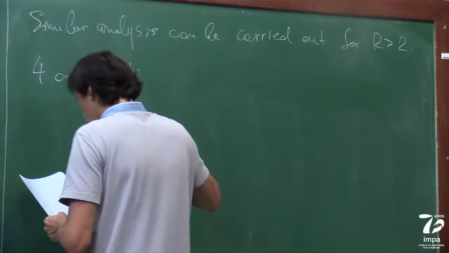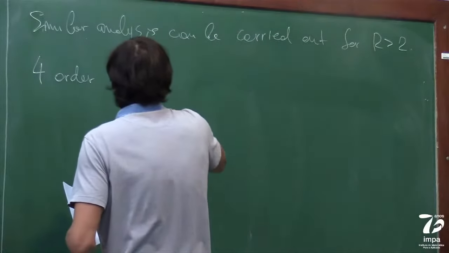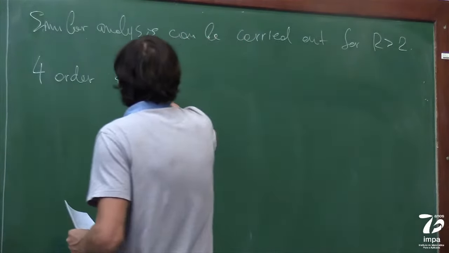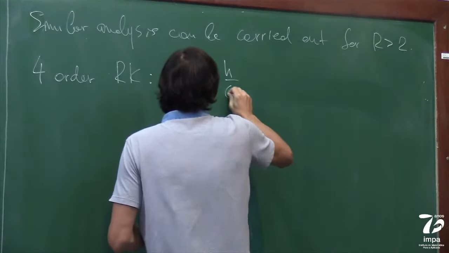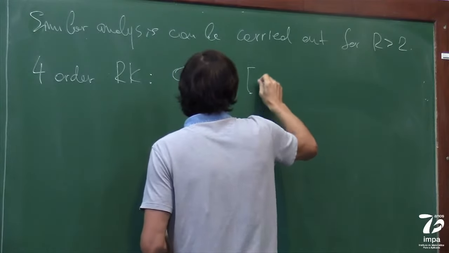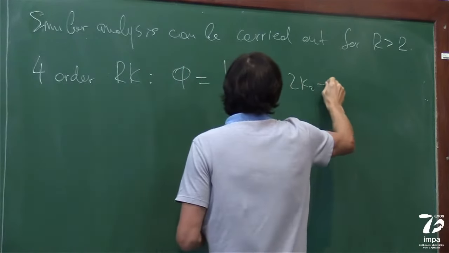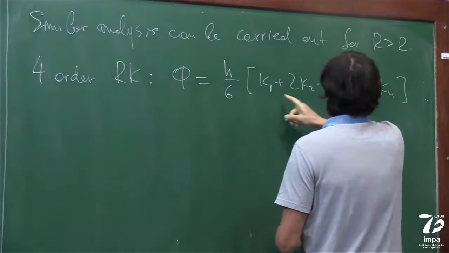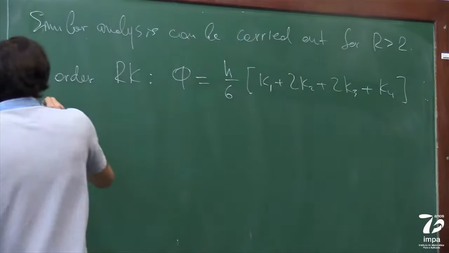So fourth order Runge-Kutta, let's just write it as an example so far. So what it is, it's phi, which is h over 6, and then it's the sum of k1 plus 2k2 plus 2 of k3 plus k4. So these are coefficients. And then I'll just write explicitly what it is.